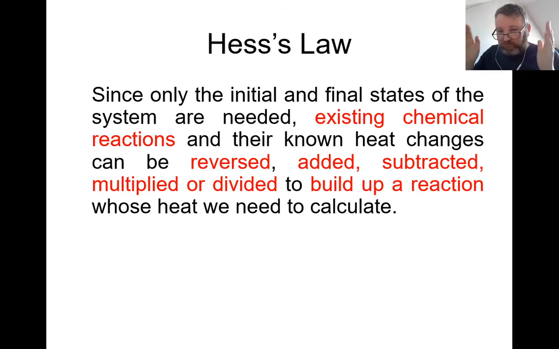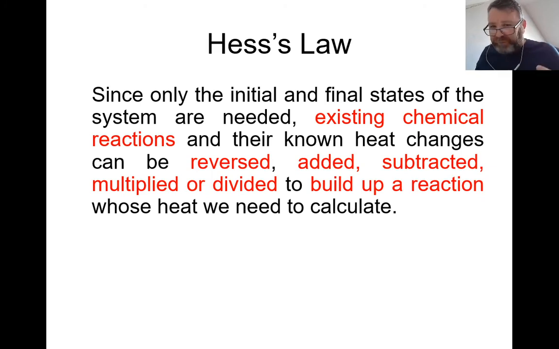If we want to predict what energy change would take place in a difficult chemical reaction, we go back and we refer to existing reactions and their existing known heats. And we bring them together, relevant reactions, in order to use their bits. Again, it's like Lego. You're going to use the bits in the existing equations to build the equation that you require, and the existing heats then will be mathematically used to determine the heat of reaction for the difficult reaction.